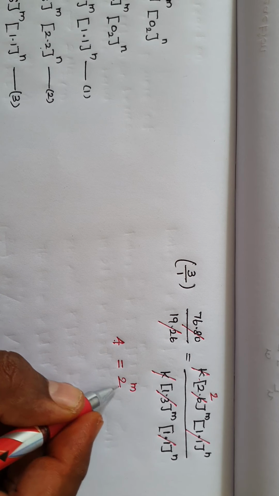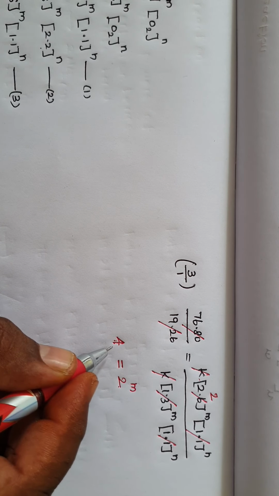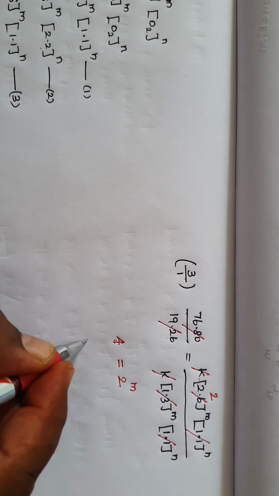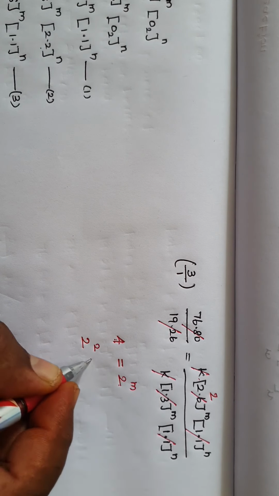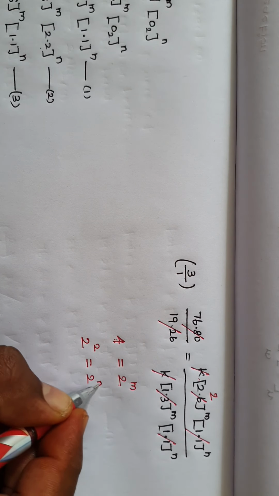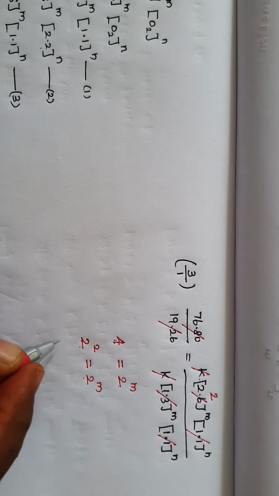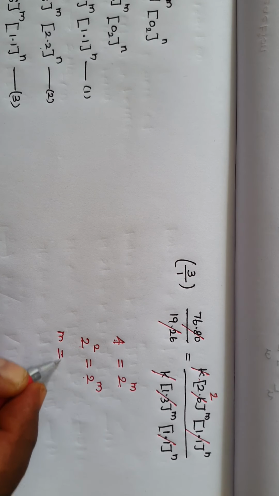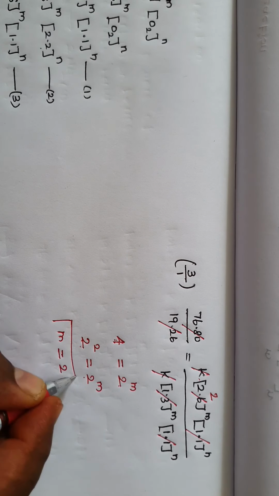Here the base values are not the same, so you can convert this 4 into 2 square. So 2 square is equal to 2 power m. Now the base values are equal, so you can equate the power values. So m is equal to 2.